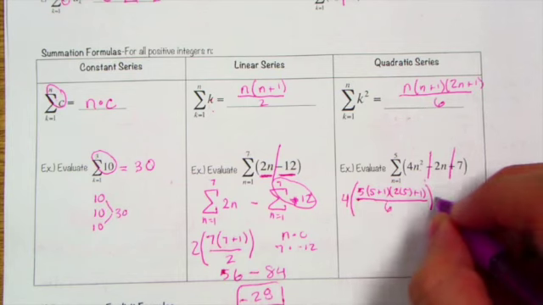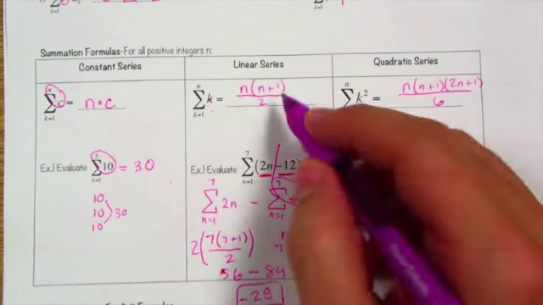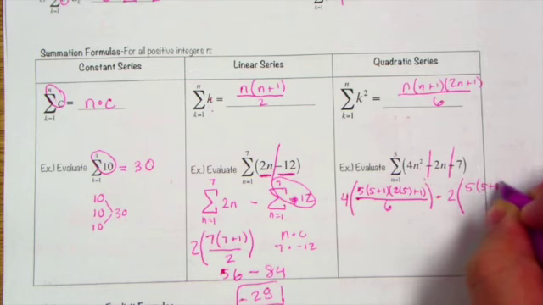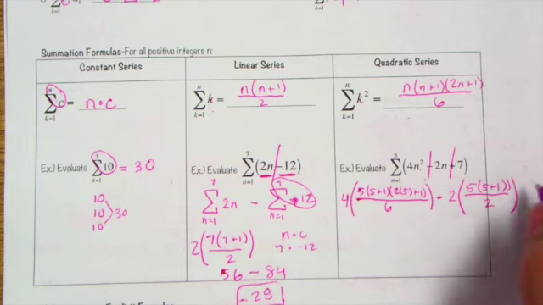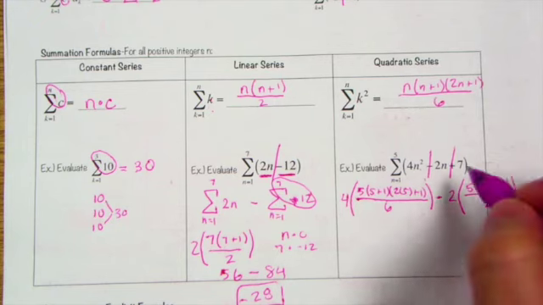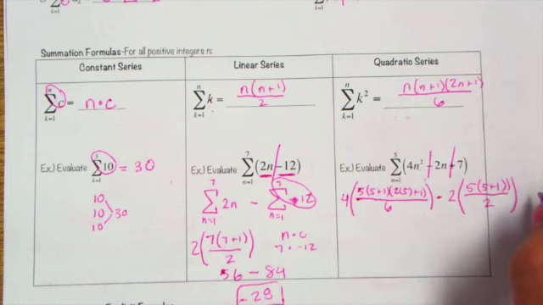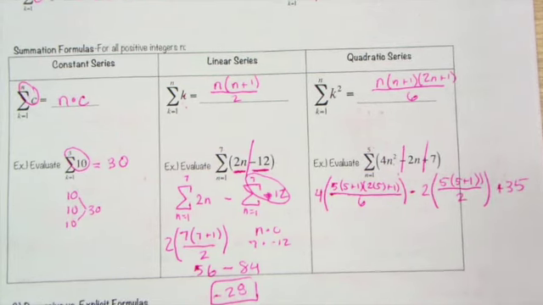Then I have minus 2 times the constant one, which is 5 times 5 plus 1 over 2. And then the constant one, which is just whatever n times c is. So 5 times 7 is 35. So plus 35.